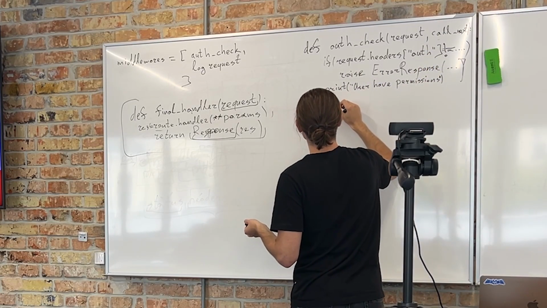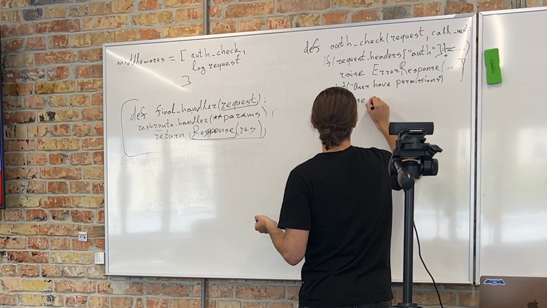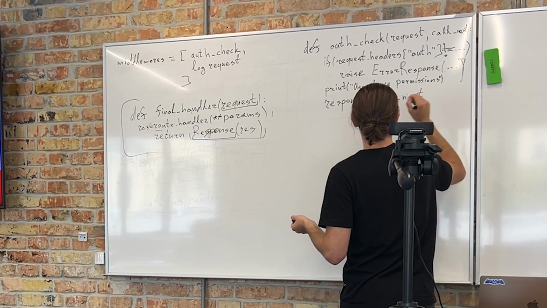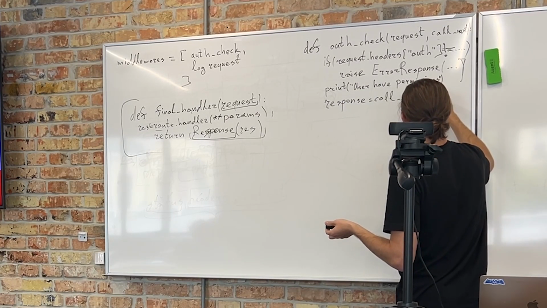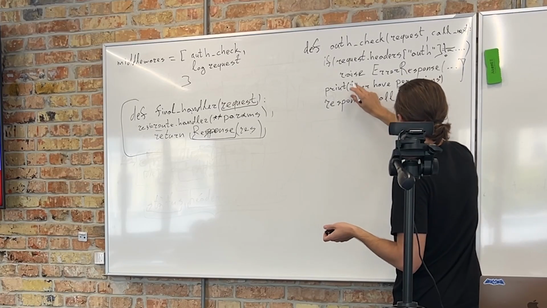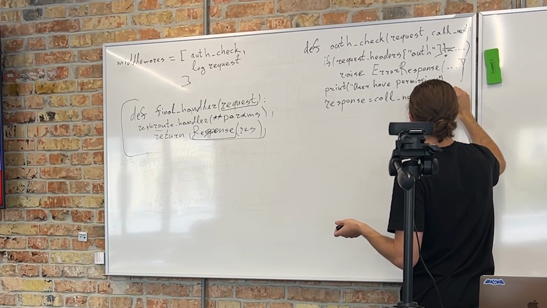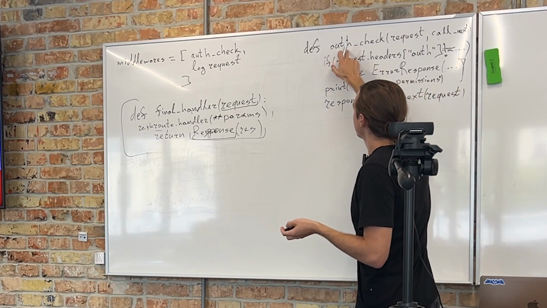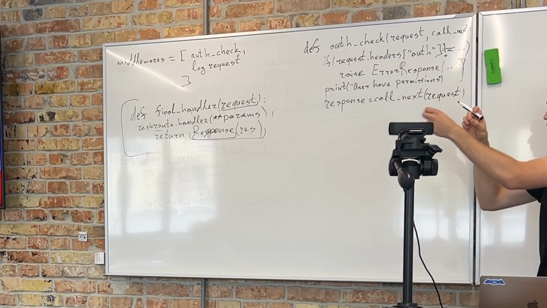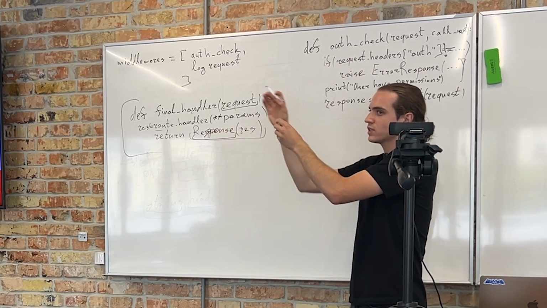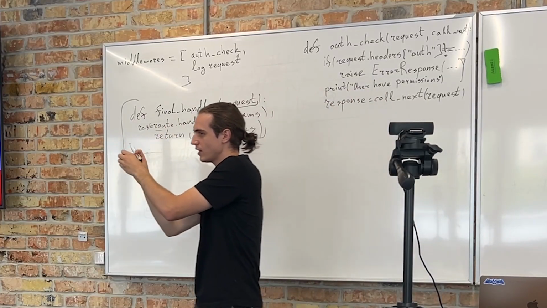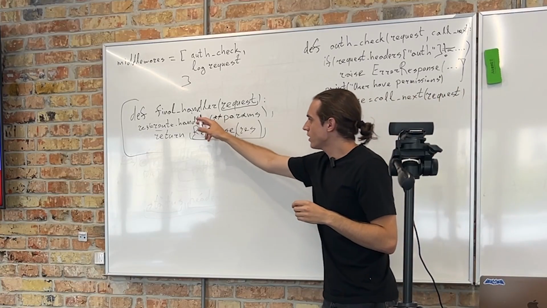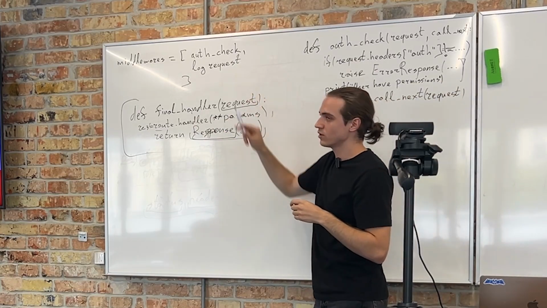So we can say our response equals call_next, and in call_next we pass our request, because as you can remember, our middleware has a request on the input and then moves it to the next middleware, and to the next middleware, and to the handler, for example. So here, call_next can be our final handler or our other middleware.